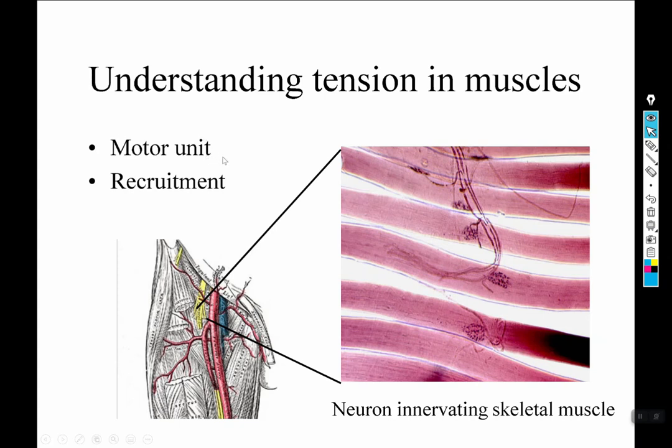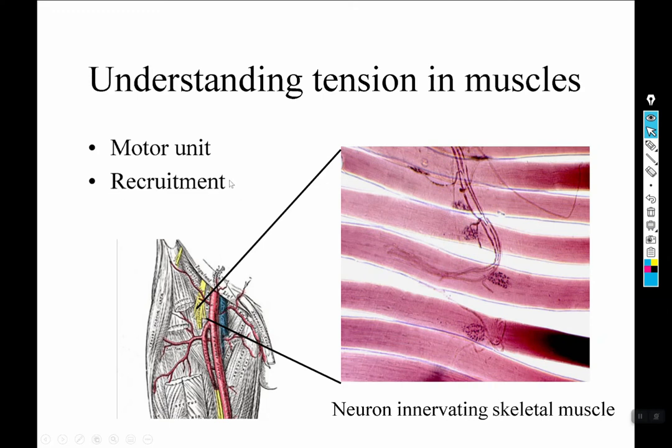So you can see this one here is innervating 1, 2, 3, 4, 5. So this motor unit consists of one motor neuron and 5 muscle fibers. And then recruitment is if you need more tension from that whole muscle, adding more motor units within that muscle to mean that more fibers are contracting simultaneously.